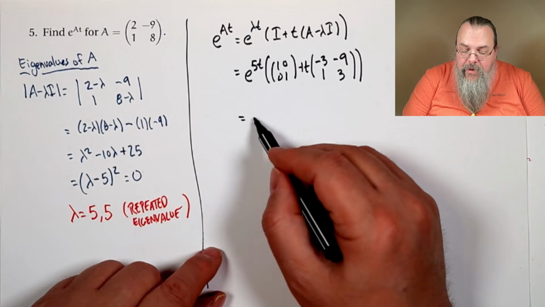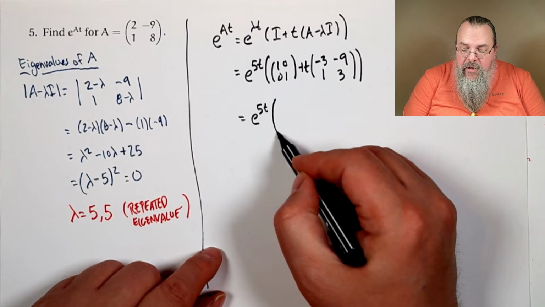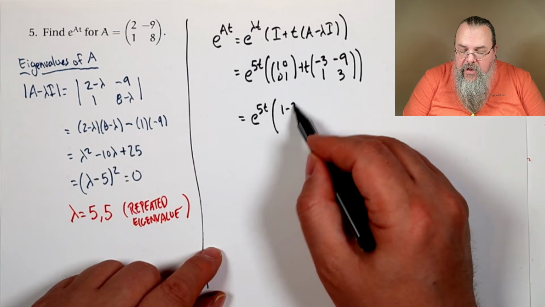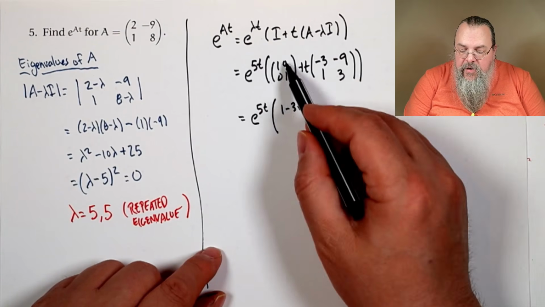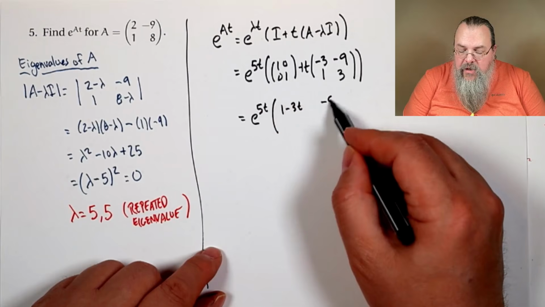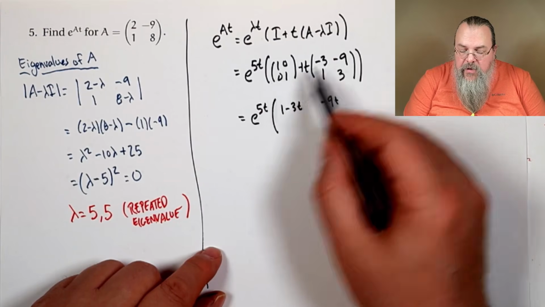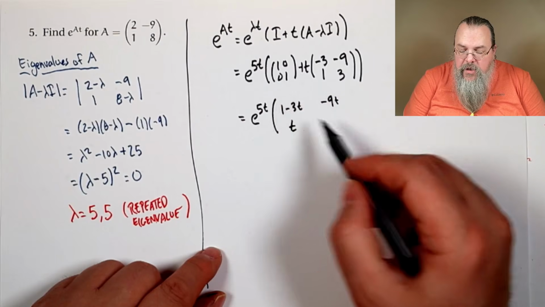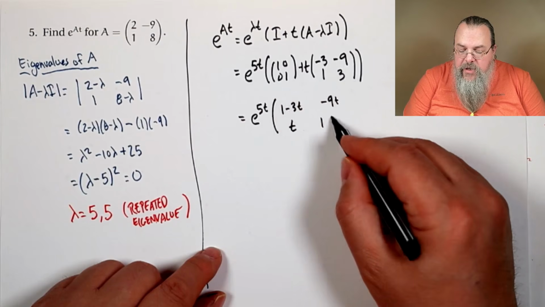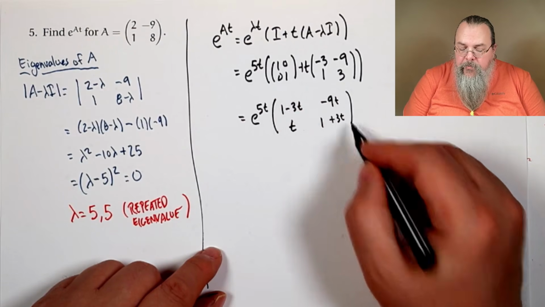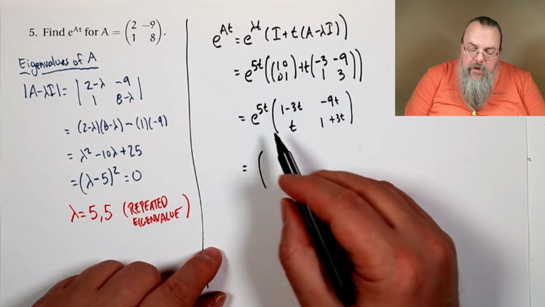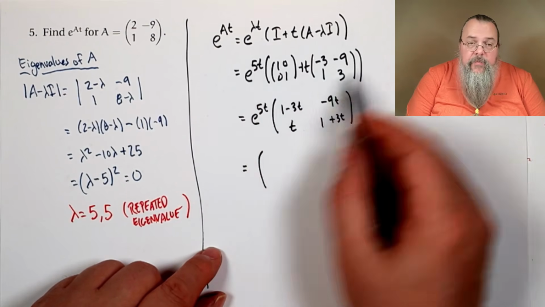We'll just clean up a little bit. E to the 5t, and on the inside we'll get 1 minus 3t, and then we'll get 0 minus 9t, and here we'll get 0 plus t, and we'll get 1 plus 3t. And depending upon how you want it, some people like this first thing we wrote down.